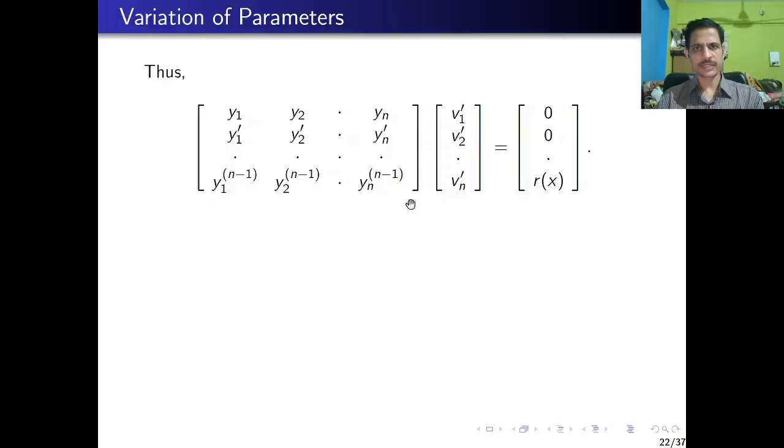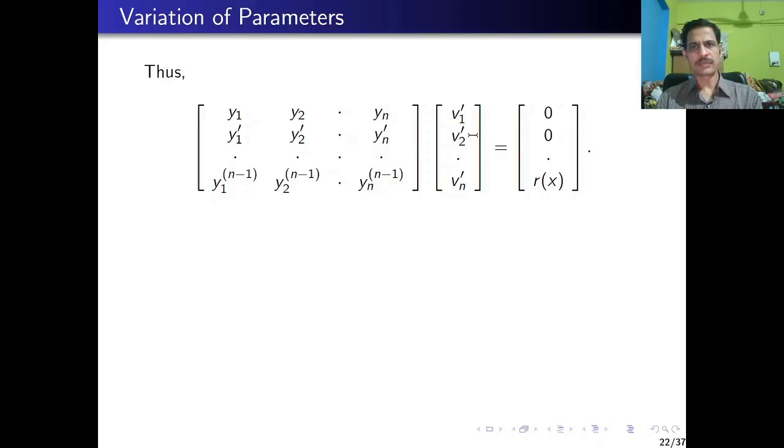So here we treat v1 prime, v2 prime, vn prime as variables, and the coefficient matrix consists of entries y1, y2 up to yn in the first row, y1 prime, y2 prime up to yn prime in the second row, and so on in the last row: the (n minus 1)th derivative of y1, of y2, up to the (n minus 1)th derivative of yn.